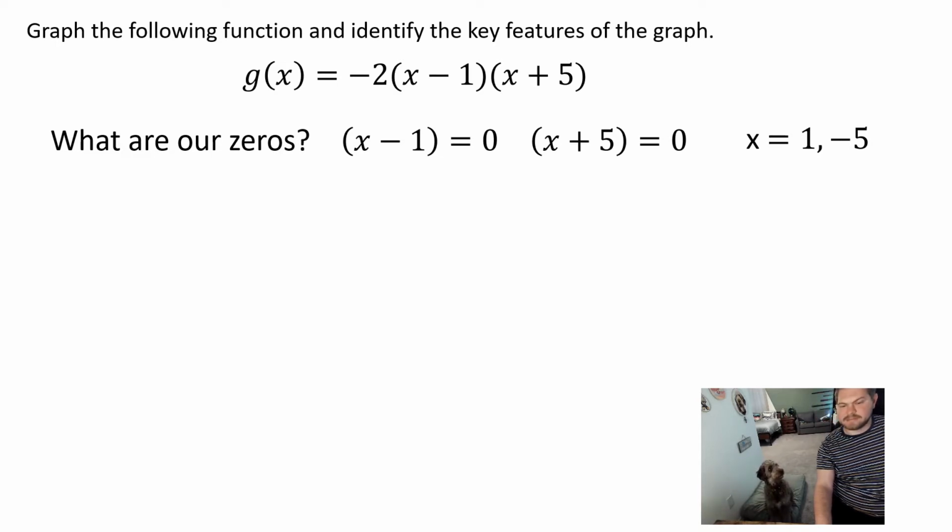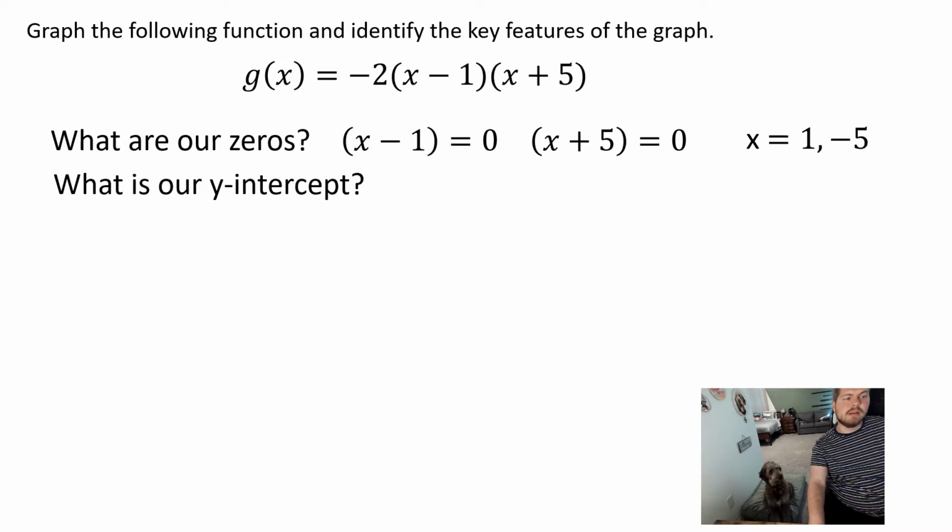All right. So now we can do two different things. We can find our y-intercept, which is what I believe I did first, and we can do that because we know our y-intercept is when x is 0. So when x is 0, which we can plug in for, we get 0 minus 1 and 0 plus 5.